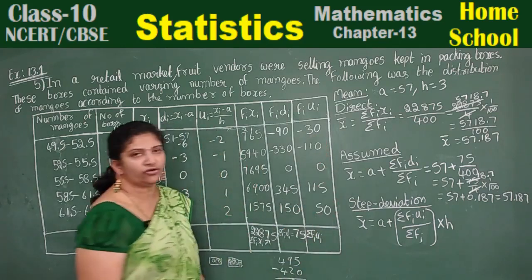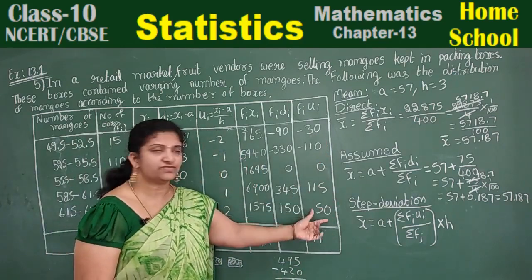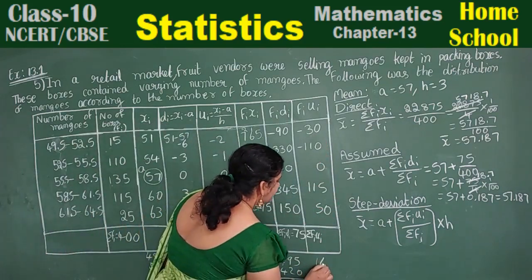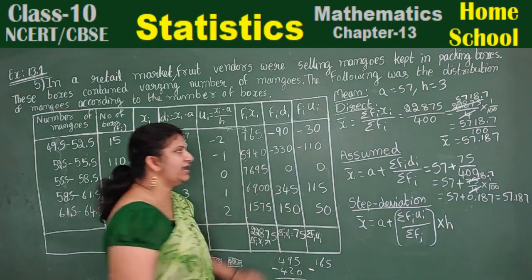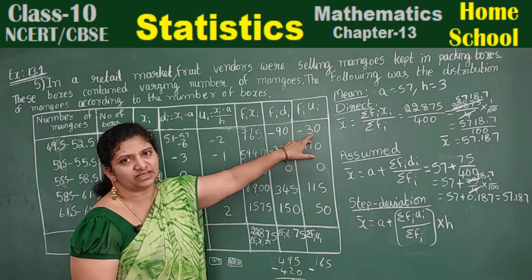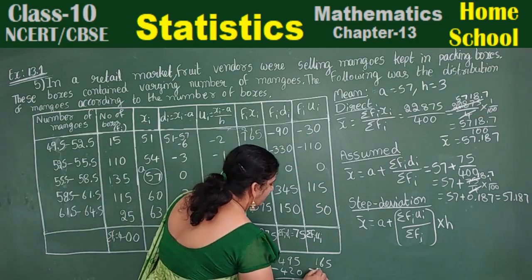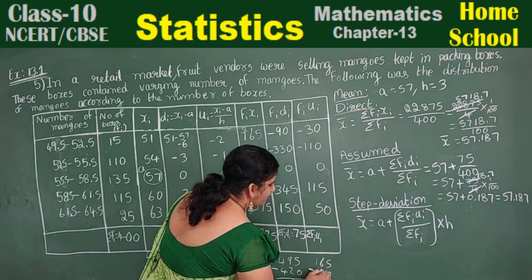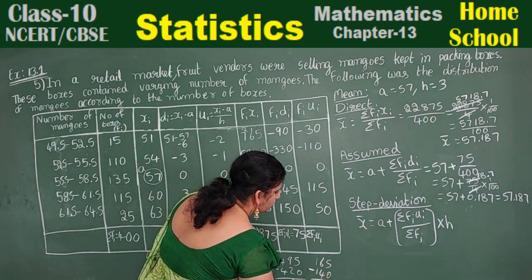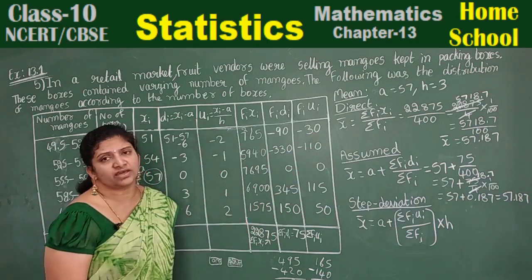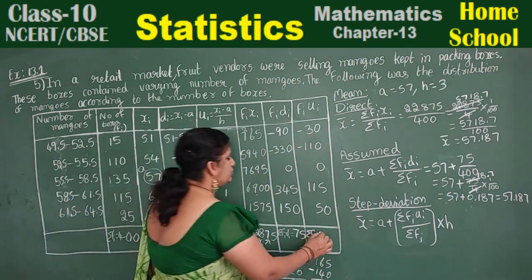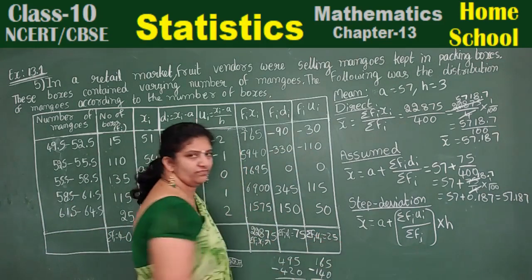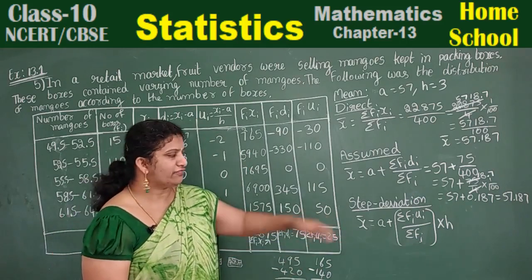How are we going to add? 115 plus 50 will be 165. Minus 110 minus 30 will be minus 140. 165 minus 140 will be 25.